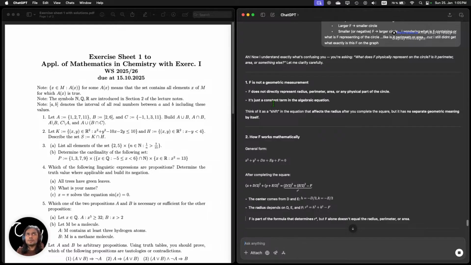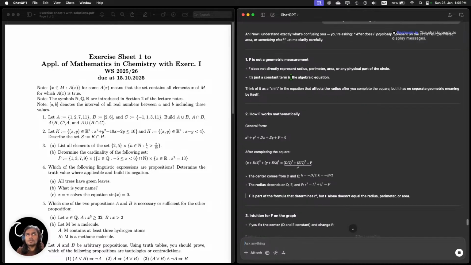If it's not the geometric measurement, f does not directly represent radius, perimeter, area, or any physical part of the circle. It's just a constant term in the algebraic equation. So constant. Think of it as shift. Shift? What do you mean shift? Gear shift?